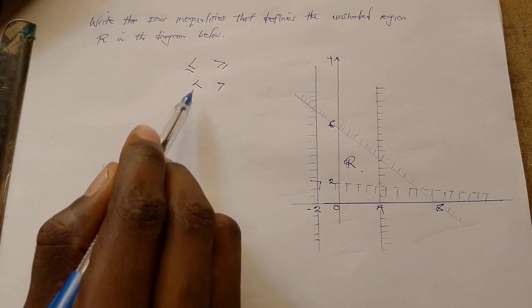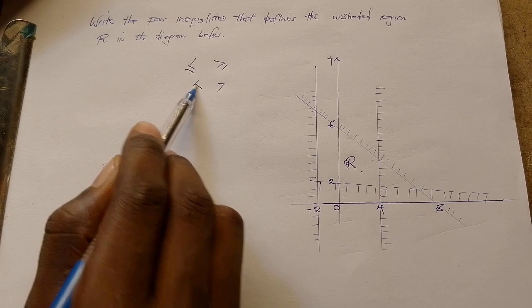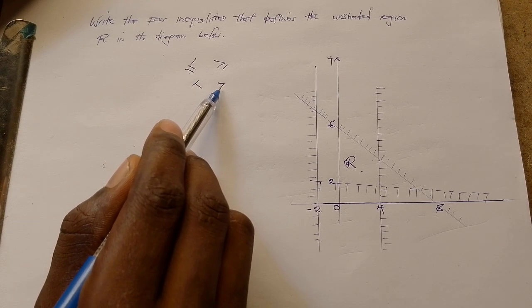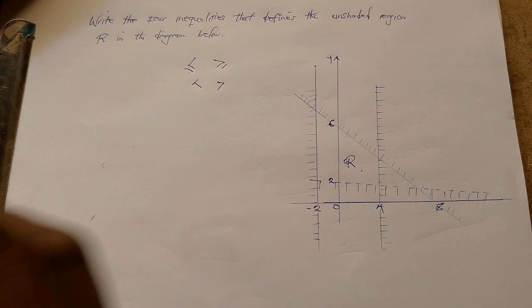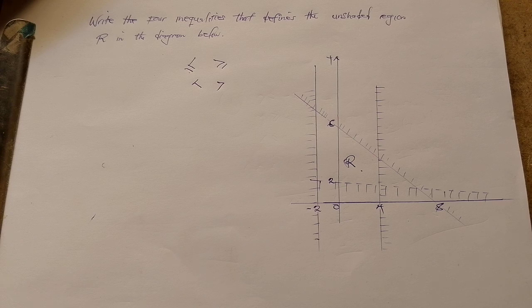We also have less than and greater than. These symbols are used in different situations depending on the line you are dealing with. So from here, we'll go straight into the question.